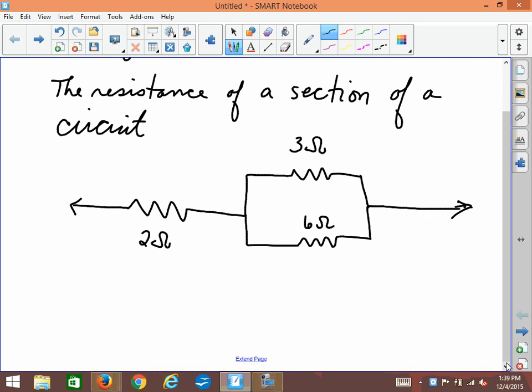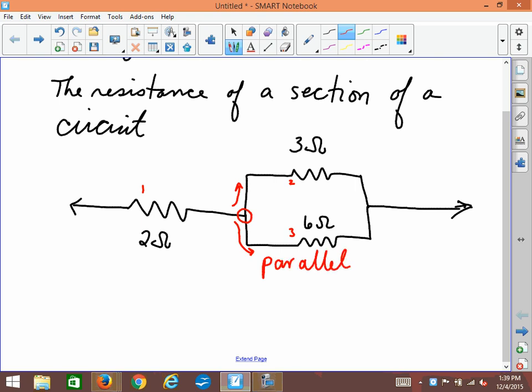Well, if we look at the first resistor right here, resistor number 1, we'll call this guy 2 and this guy number 3. Resistor number 1 is all by himself on one path. So there's not much we can do with him. But when we get to this magical spot right here, the current splits, which means that these two resistors are on two different paths. So this little piece of the circuit is parallel.